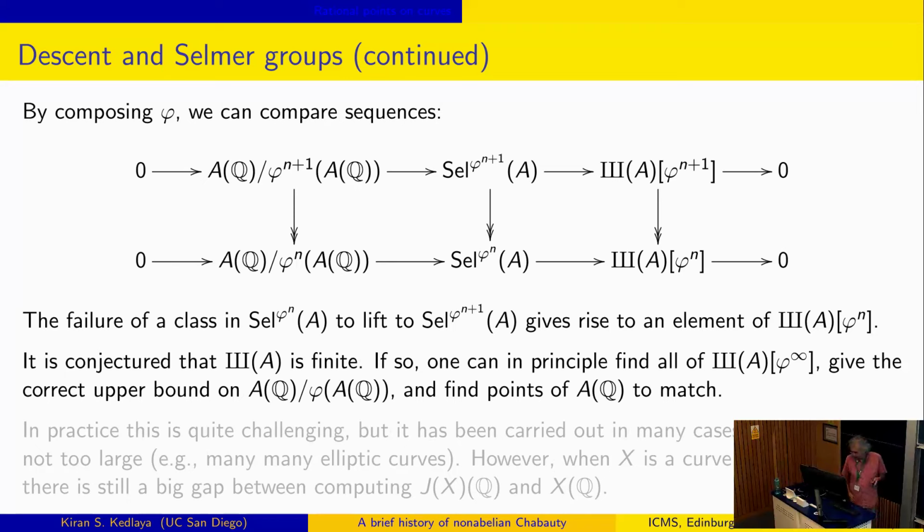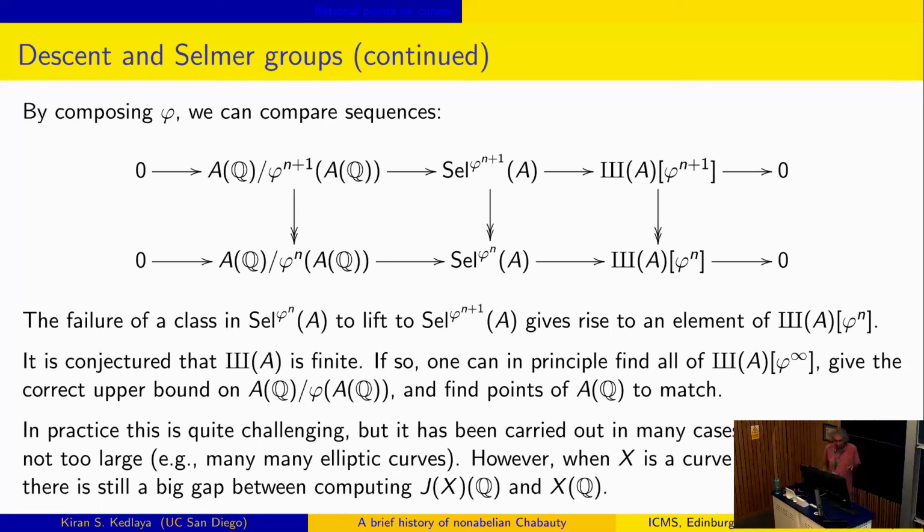Now, this is a tough thing to actually execute, but in many cases, this is quite doable. For example, if you look at the LMFDB, the L-functions and modular forms database, you see there's a large table of elliptic curves over the rational numbers computed by the methods of Cremona, and mostly by Cremona himself.